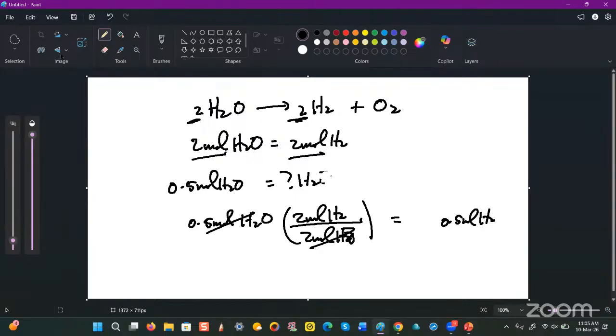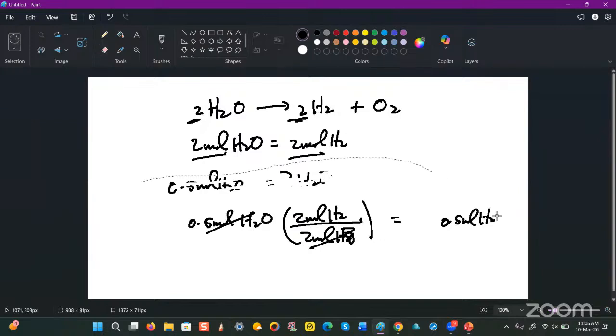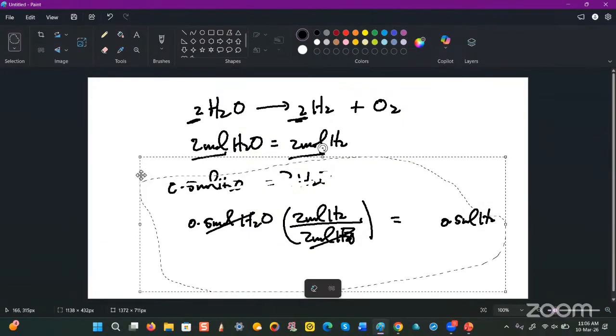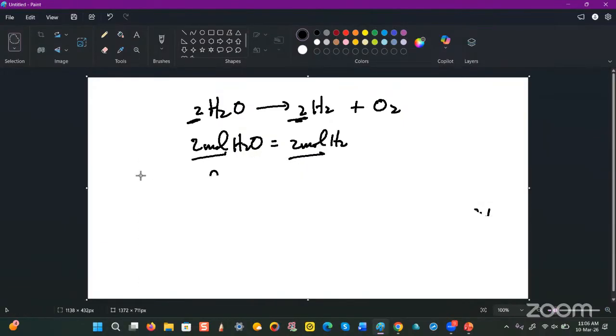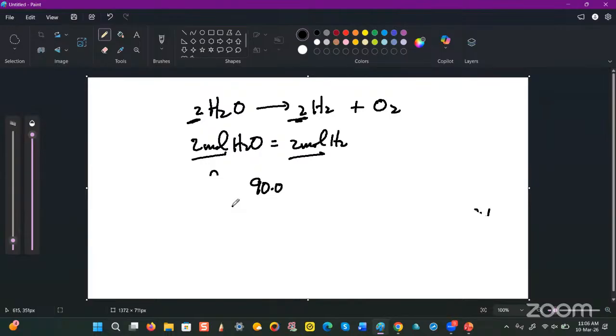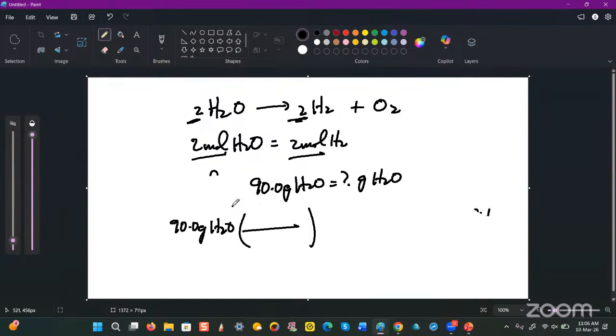So if you're given a question where you're given the mass of one substance, let's say 90.0 grams of water, and you want to find out how many grams of hydrogen will be produced, then what you'd have to do first is start out with the 90.0 grams of water, convert that to moles, so that will be 1 mole of H2O, and the molar mass of water would be 18.02 grams of H2O.